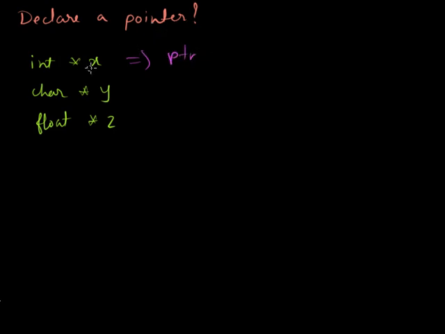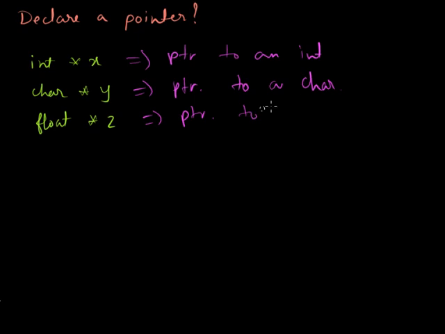When you declare a pointer, you always use star before that. So x is a pointer to an int, a variable which stores the address of an integer. Similar is the case with y. It is a pointer to a char variable. It stores address of some character. Z is a pointer to a float.